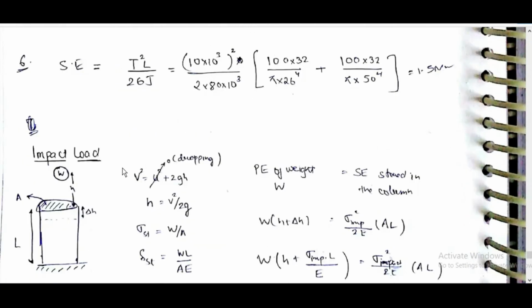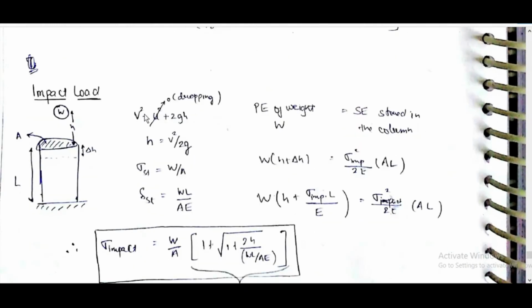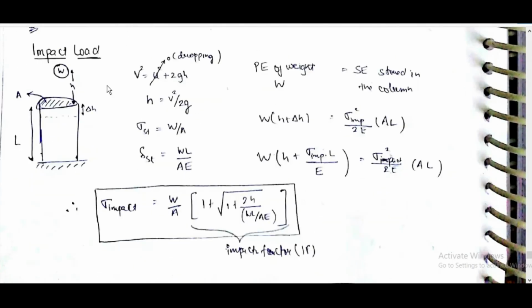Strain energy is T square L by 2GJ. Another question: impact load. If a weight W is dropped from height H, then delta H deformation will be there, and total length L. V square is equal to U square plus 2GH, U is 0 as it is dropping.